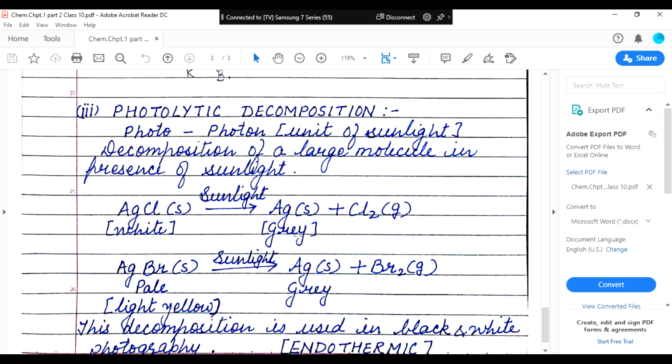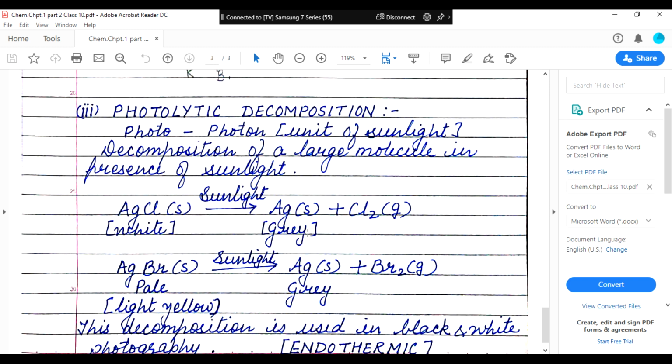Same reaction happens with silver bromide. Silver bromide is a light yellow colored substance, and when it comes in contact with sunlight, a gas is released, that is bromine gas, and a grey colored substance is left behind, which is silver.